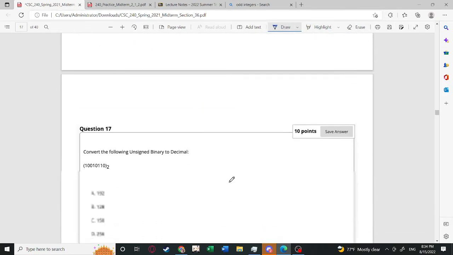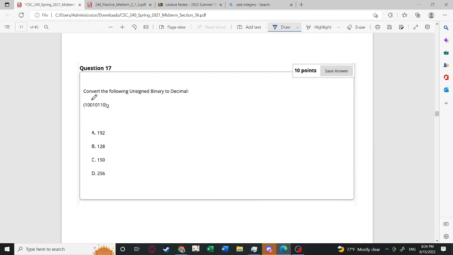Okay, it's binary. So if we go to 17, convert the binary to decimal. We have the first one, so 2 here, and this one is 4. 1, 2, 4, 8, 16, 32.